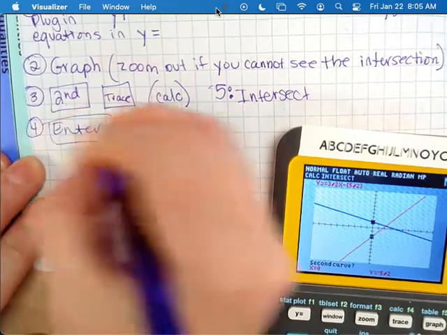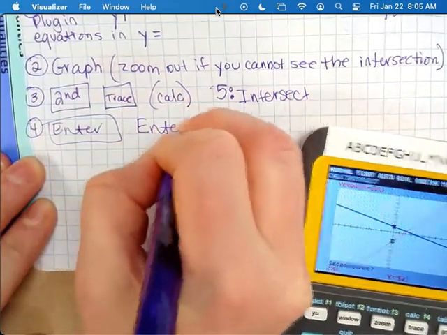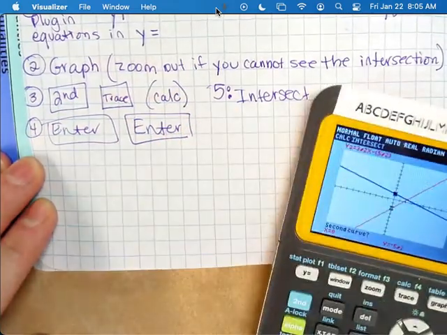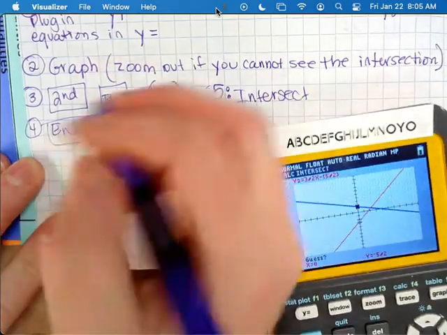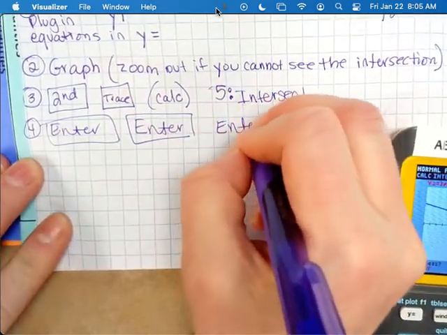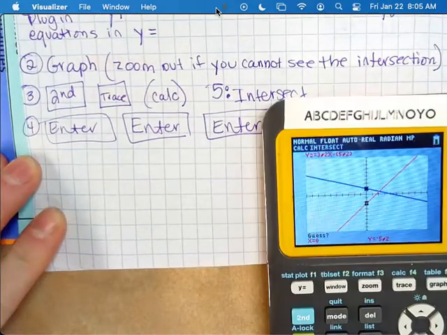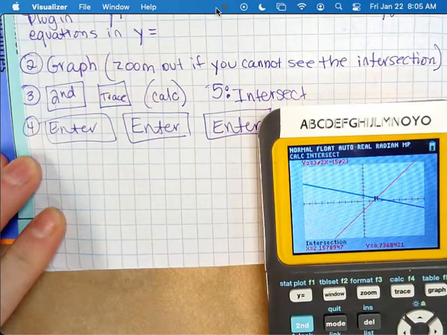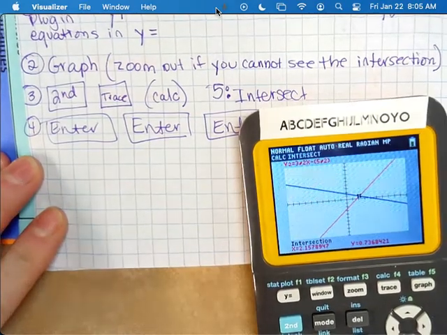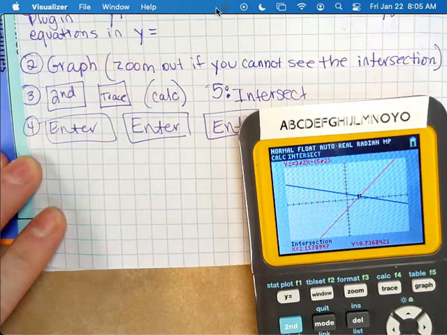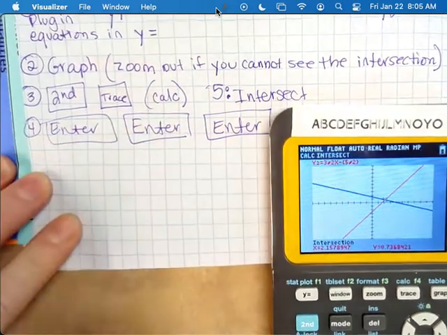So enter, enter. Then it says guess. So you push enter again. And then it pops out your intersection.